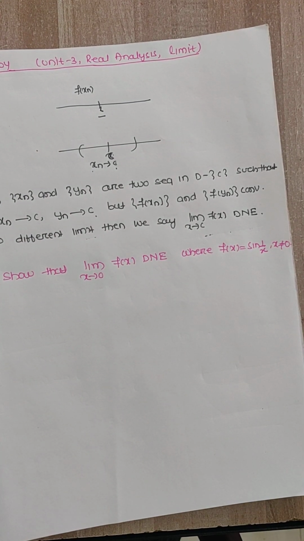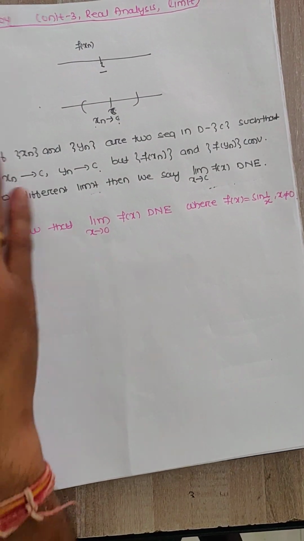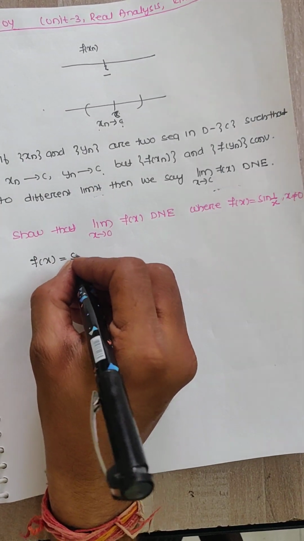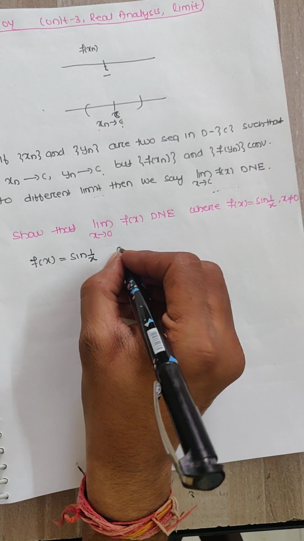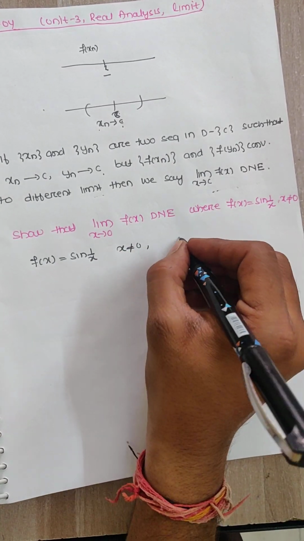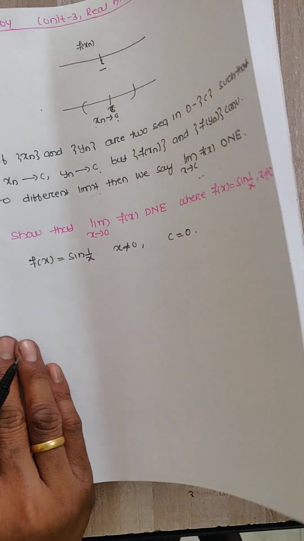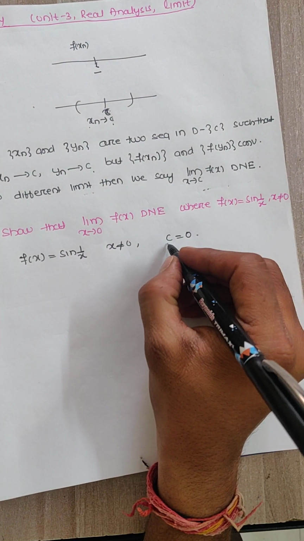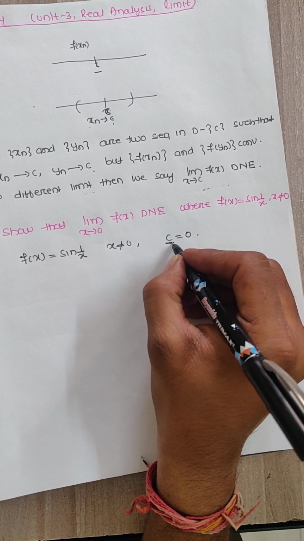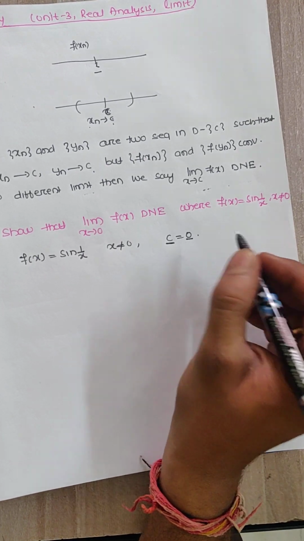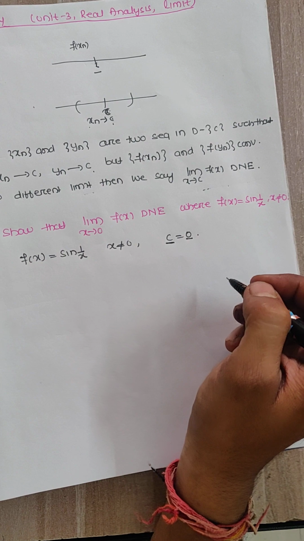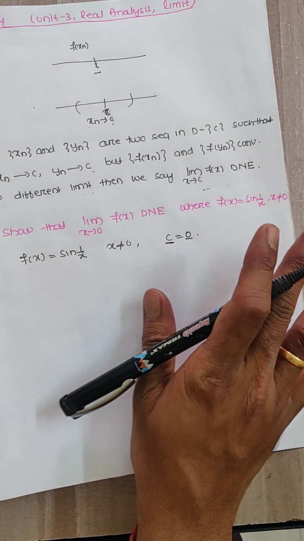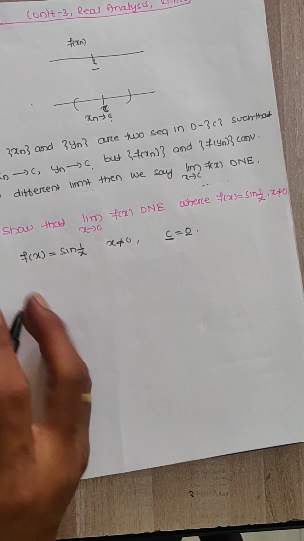So here f(x) is nothing but sine 1 by x whenever x is not equal to 0, and c is nothing but 0. To show non-existence, we find two sequences, xn converging to c, that is 0, and yn converging to 0, but the image sequences converge to two different limit points. So I am writing the sequences.